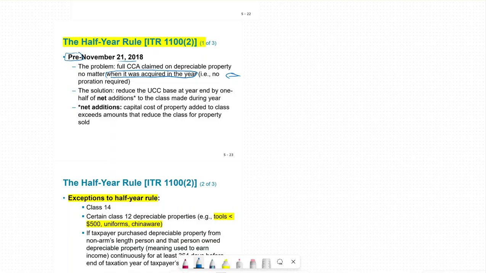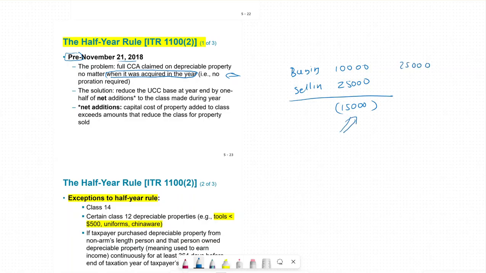So when we think of a net addition, you're buying and selling in the same year. If you bought something for $10,000 and sold something for, let's say, $25,000, you have a negative of 15,000. Your net addition doesn't apply to the negative, it only applies to the positive.